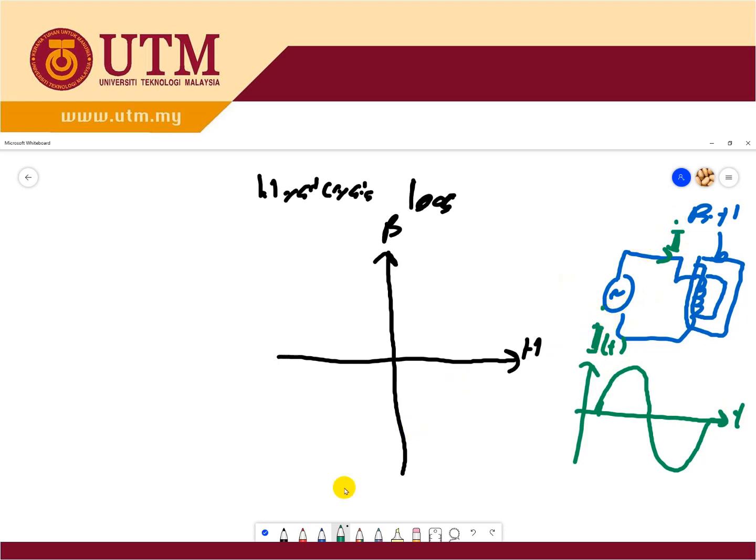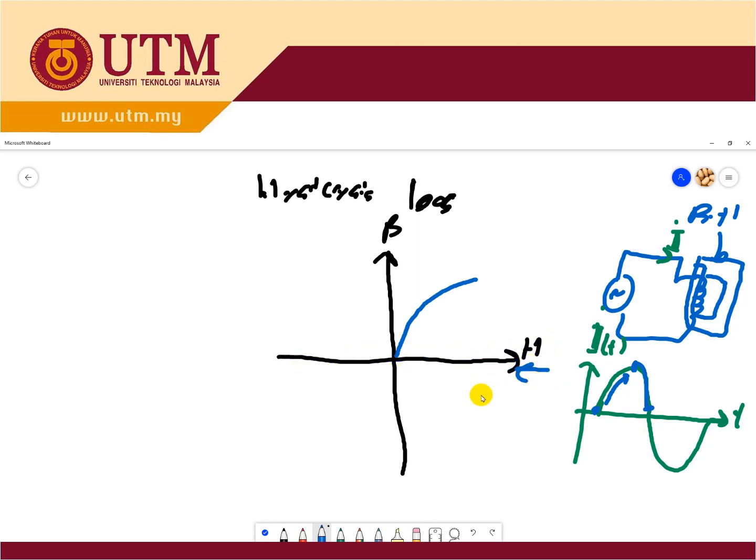When you go from this point to this point, the B-H curve becomes something like this. Remember, it almost saturates. However, at this point the direction changes, so H goes to that side.